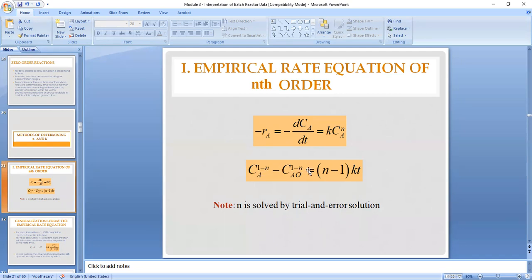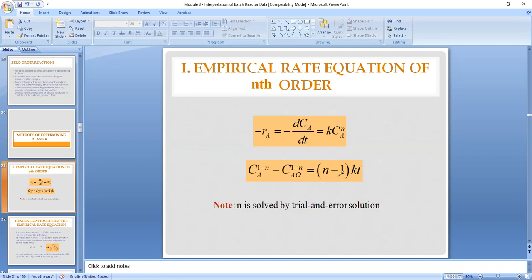You have n and k as the unknowns. So given, for example, the time and the corresponding concentration of A left after that particular time has elapsed for your reaction, you can go back to this equation and determine the corresponding values of n and k. So the question is, how will you do that? This is how you're going to do it.